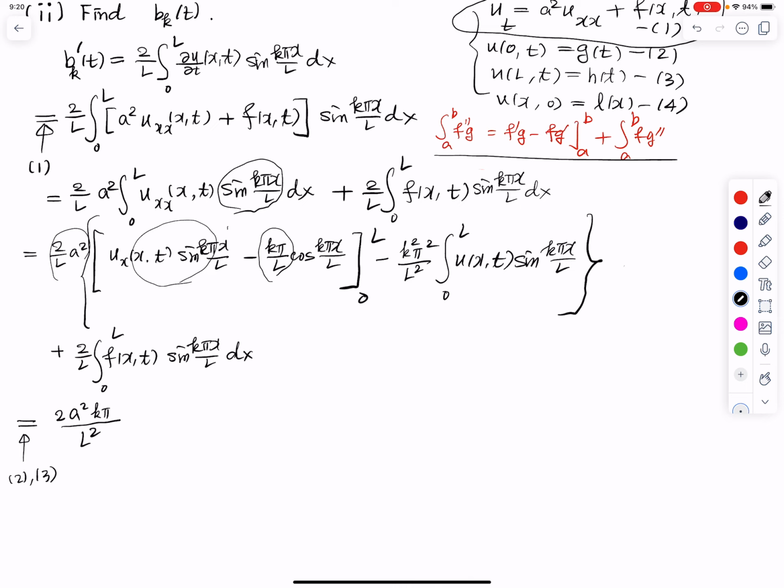Then you plug in L, this term is 1 minus cosine k pi.